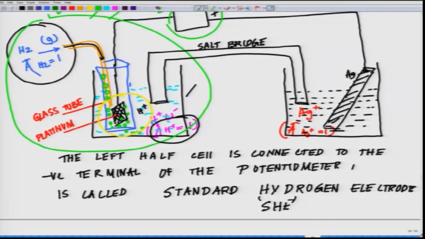So you have aqueous hydrogen here, and the activity of the hydrogen gas is unity if the pressure of hydrogen is 1 bar. The reaction comes to equilibrium at the surface of the platinum electrode, as shown here.